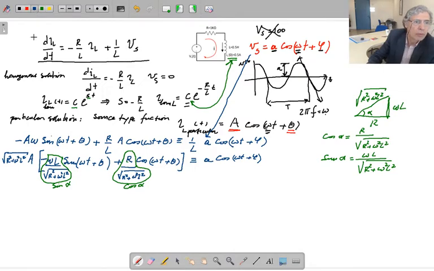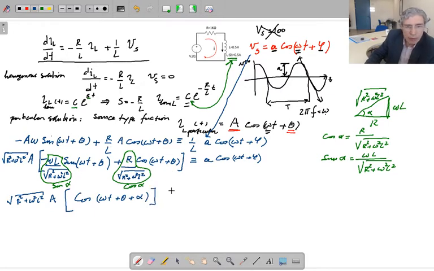Going back to the square root of R squared plus omega squared L squared times A, inside that, this is 2 sine multiplication, 2 cos multiplication, which is equal to cos(omega t plus theta plus alpha), and this is equal to A times, identical to, cos(omega t plus phi).